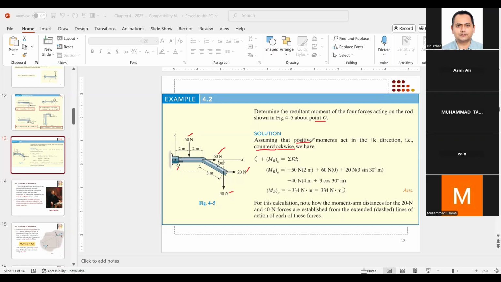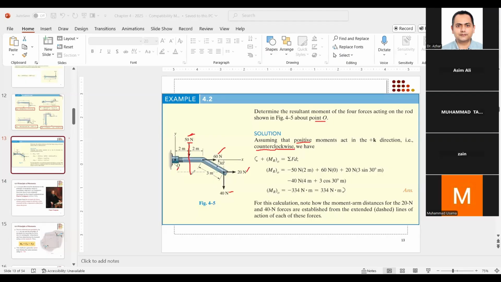One by one, we will see what movement each force is producing and whether it's clockwise or counterclockwise, and then we algebraically sum all of them. Let's start with the simple one, which is 50. If you look at the line of action of 50, it is downwards.